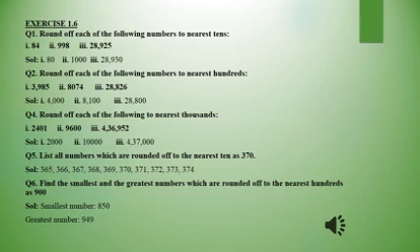So smallest number obviously would be 850 and the greatest number would be 949. Because if we consider 849, suppose, this number, when rounded off to the nearest hundred, would be closest to 800 and not 900. So the smallest number would be 850 only, and likewise greatest number would be 949.